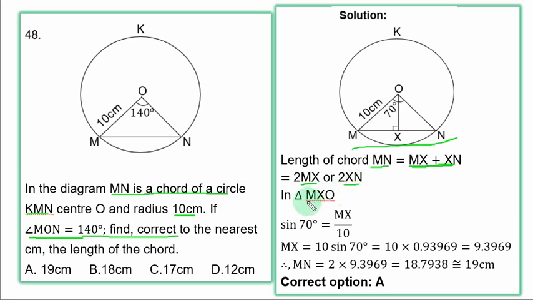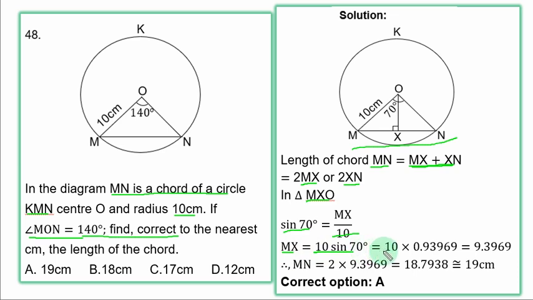So let's consider triangle MSO. In that triangle, if this angle is 70, MS becomes opposite and MO is hypotenuse. So we must look at sine. Sine 70 degrees equals MS opposite over 10 hypotenuse, and MS is simply 10 times sine 70 degrees.